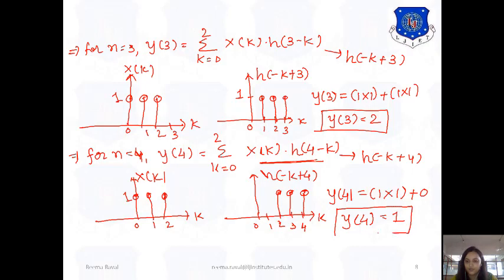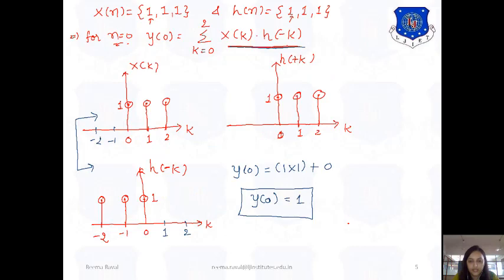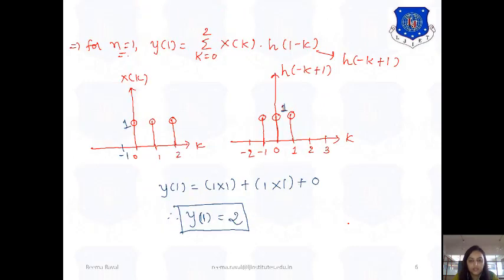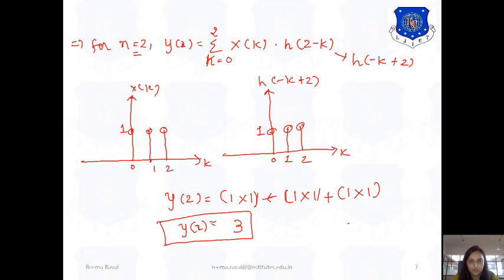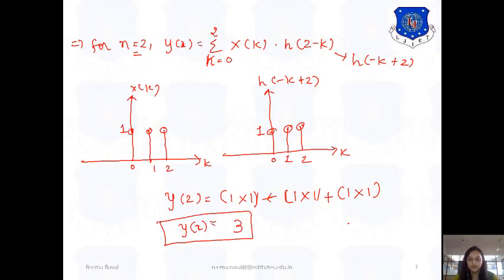Right? So now we have found the values for n equals to 0 to 4 for the convolution output, and now we need to write the answer of y of n according to the given sequences. At instant 0 we have got the value 1, then at instant 1 the value 2, then at instant 2 the answer was 3, then at instant 3 the answer is 2, and at instant 4 the answer is 1.